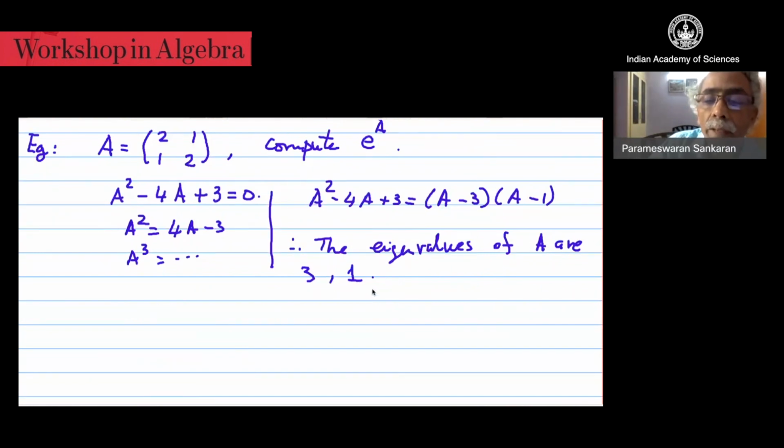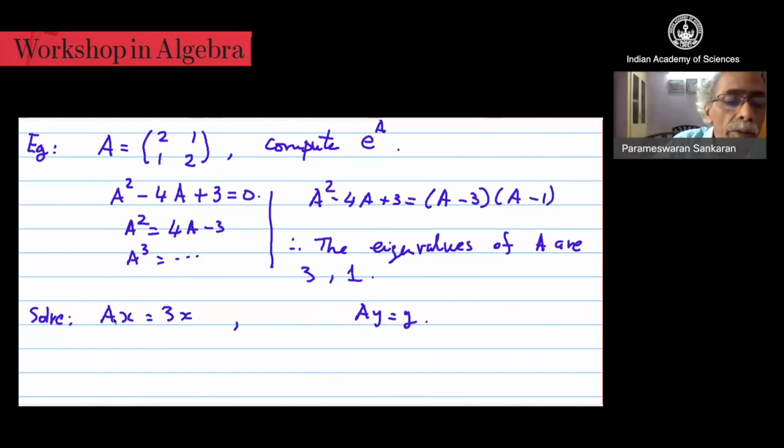In fact, you can find the eigenvectors. I did that calculation; otherwise you all know how to do that anyway. So we solve A x equals 3 times x, and in parallel A y equals 1 times y.